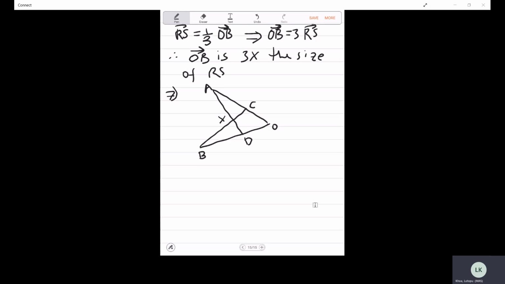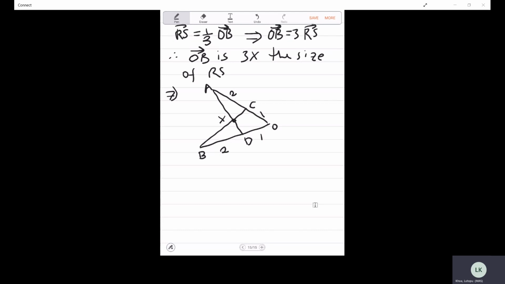So C divides OA in the ratio 1 to 2. And D does the same thing. It divides OB, going from O to B in the ratio 1 to 2.